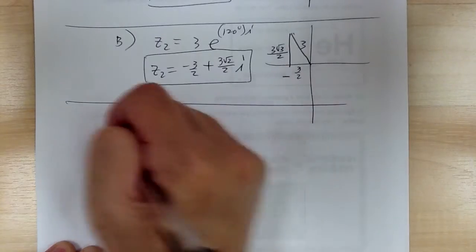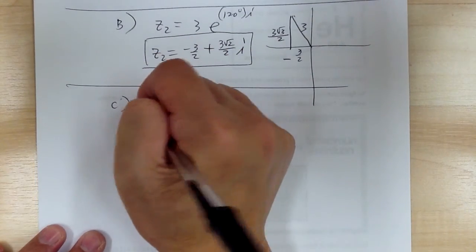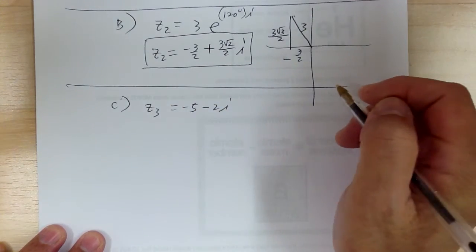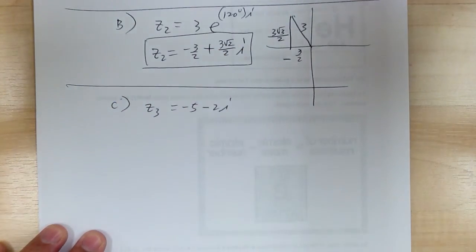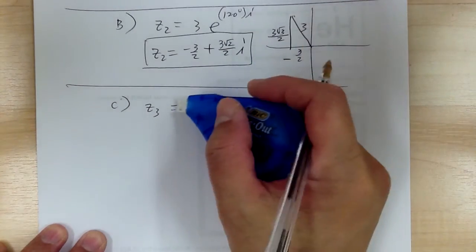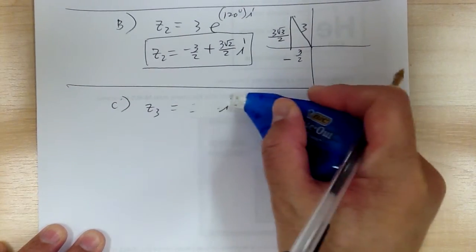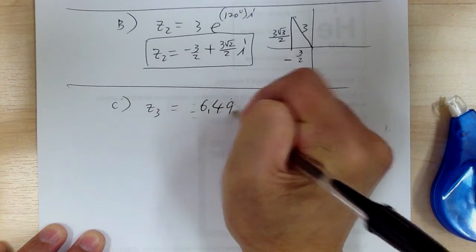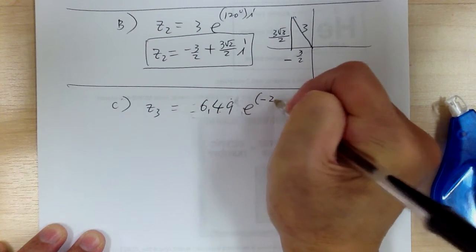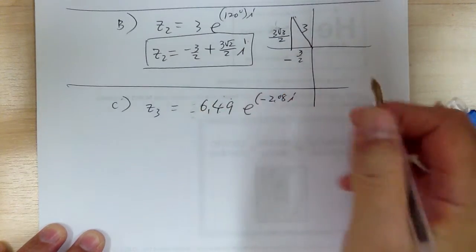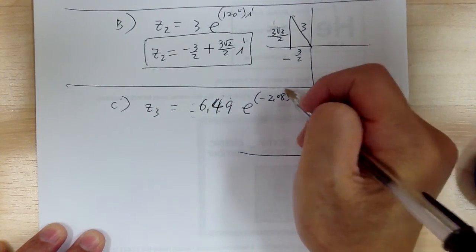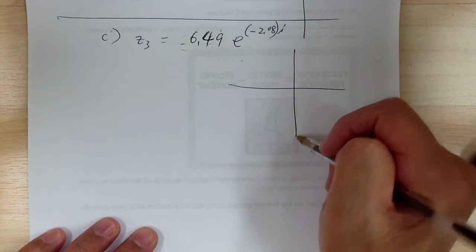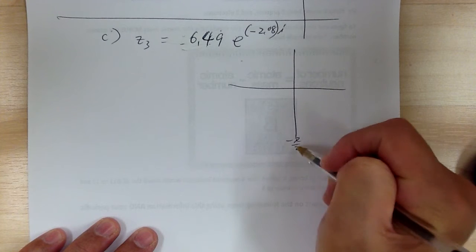Now when you go to C, you have Z3 equal to negative 5 minus 2i. No, back up, wrong. So Z3 equal to 6.49 e to the negative 2.08 I. So negative 2 radian, so this is negative pi over 2, it's about 1.5.